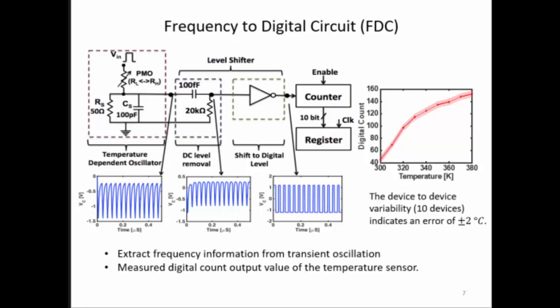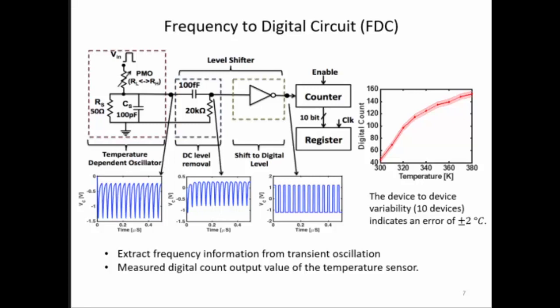So this is the simple frequency to digital converter circuit, and here we have extracted the frequency information from the other features of the transients, which are not so important. One thing I would like to highlight is that these devices, being non-silicon PMO based, novel material based devices, have a slight amount of device to device variability.